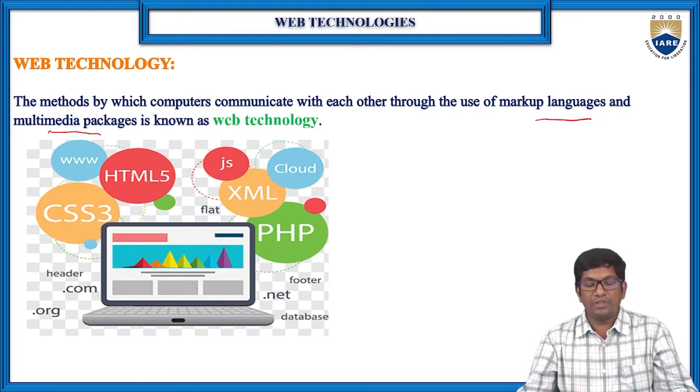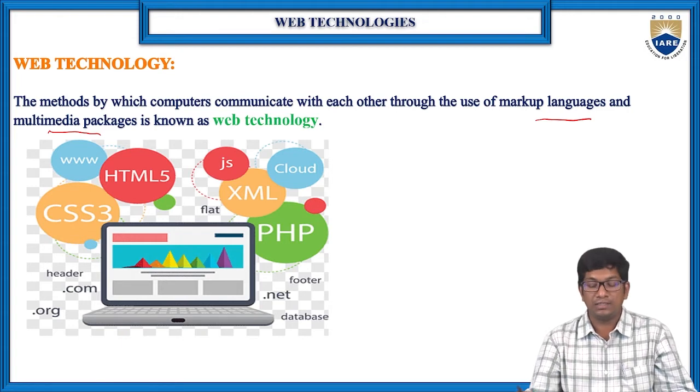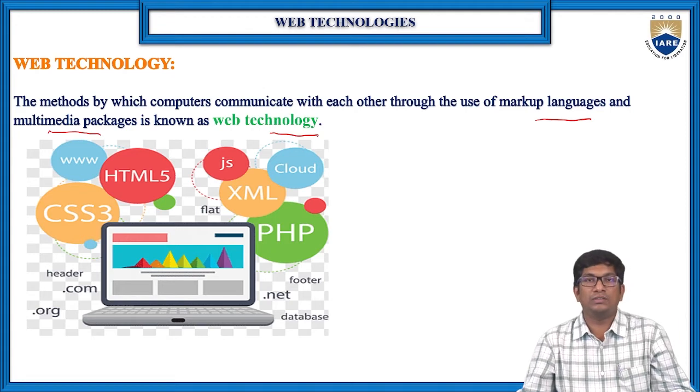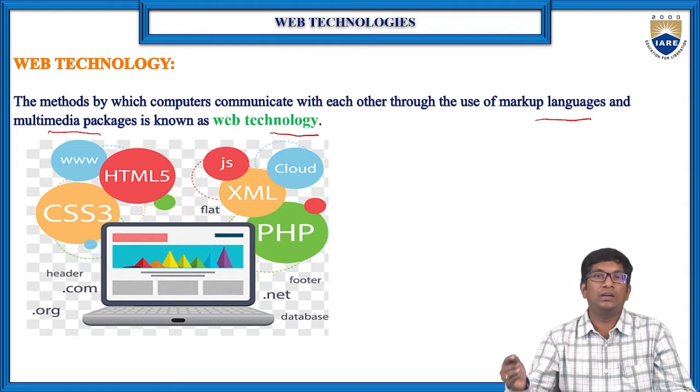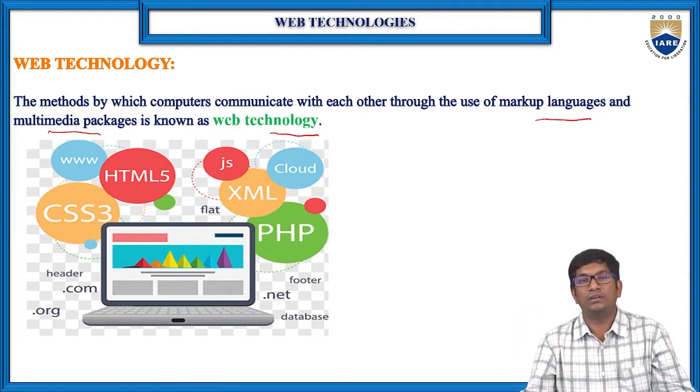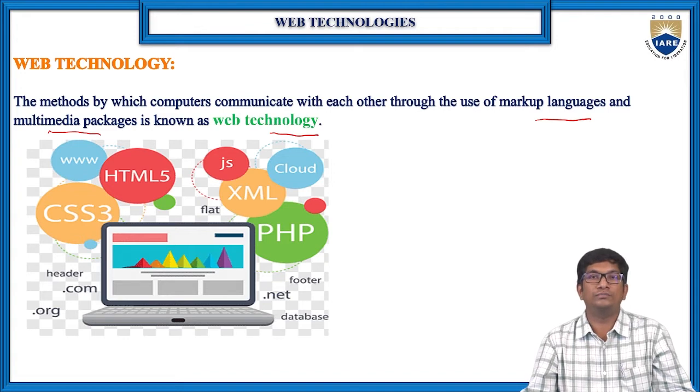So the methods by which computers communicate with each other through the use of markup languages and multimedia packages is known as web technology. By using this web technology, we are viewing the data which are connected in the internet, the computers, and anyone can view the data by using that URL.